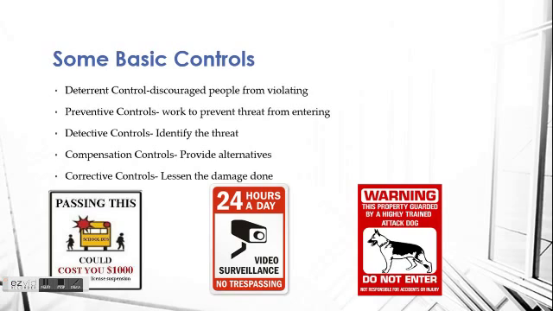These, what happens when somebody has been violated? Do we allow them to continue to be on the network and possibly make the other computers on the network vulnerable? That's where the compensation controls come into play.